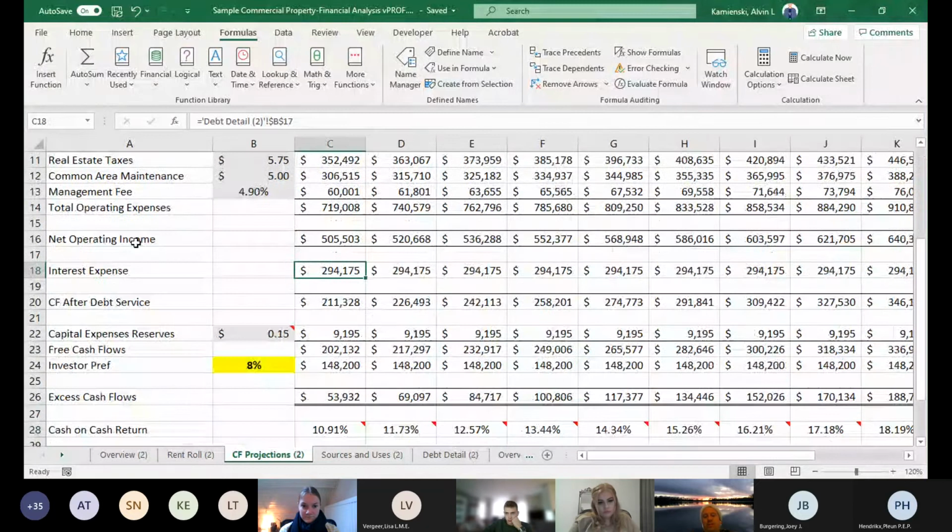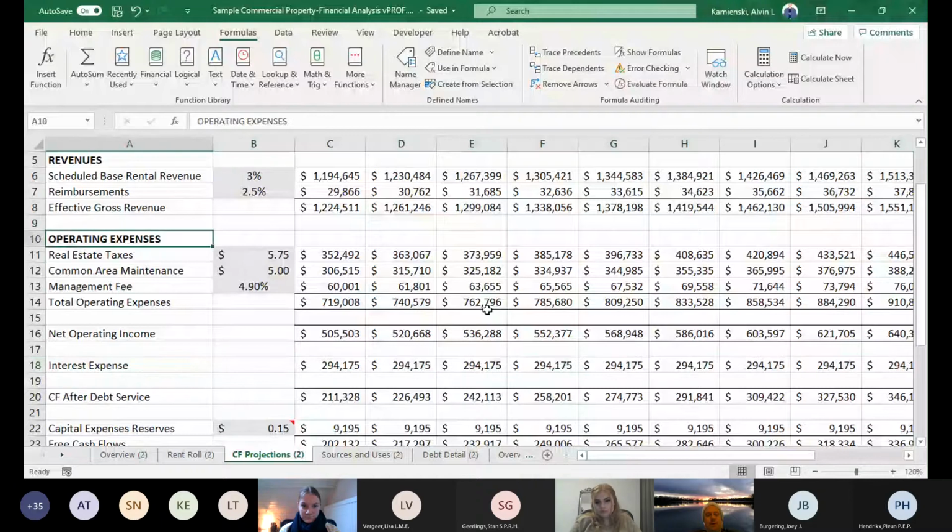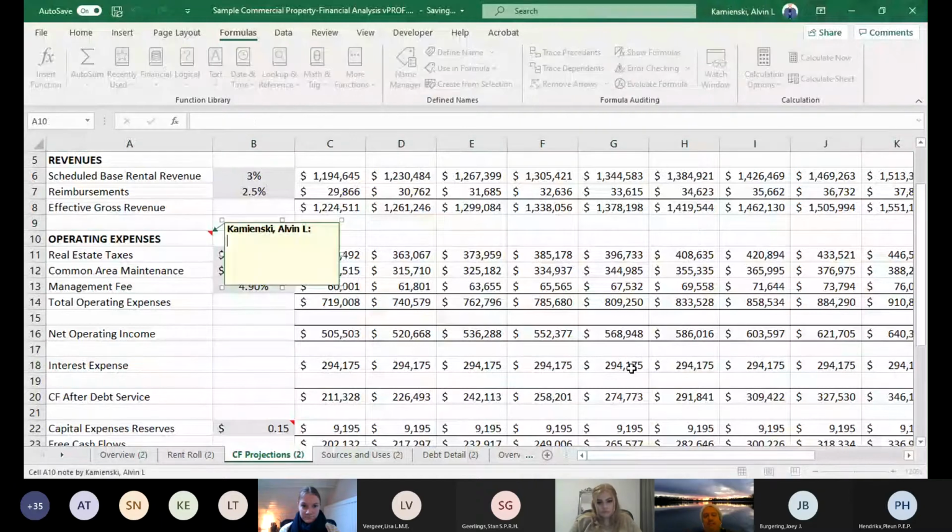Why that's critical for us is after we pay the interest expense, and this is the way I always love to think about how we make our cash flow payments. Cash flow payments must first be made to operate the building. That's the most important part, is having the staff in place to keep people renting.